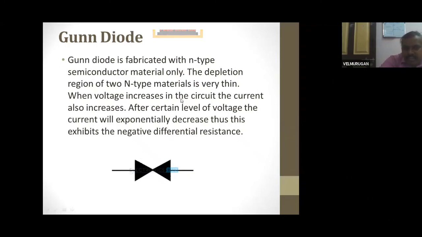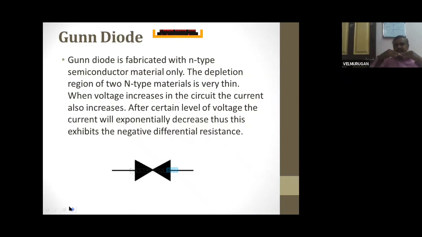When voltage increases in the circuit, the current also increases. After a critical level, the voltage and current decrease exponentially. Thus it exhibits negative differential resistance. The first diode is forward, and the next one is connected the opposite way. That is the symbol.